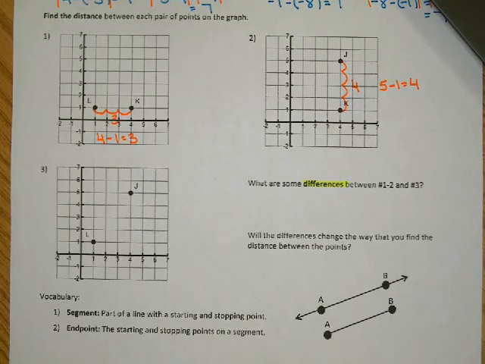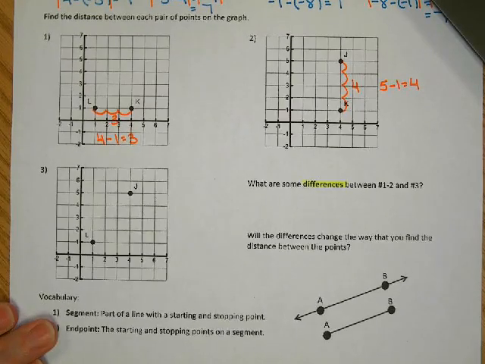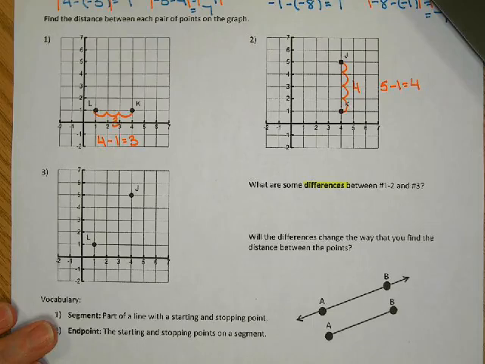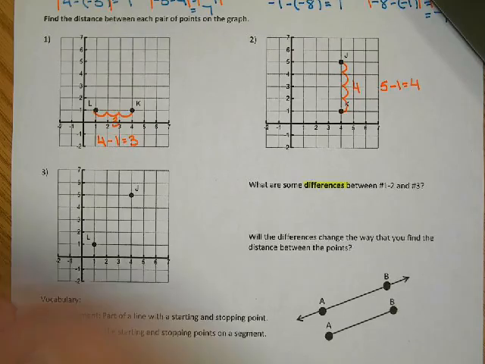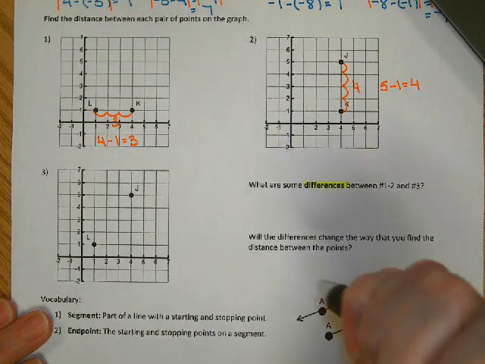All right, so what are some differences? Anybody tell me what's different? What do numbers 1 and 2 have in common?